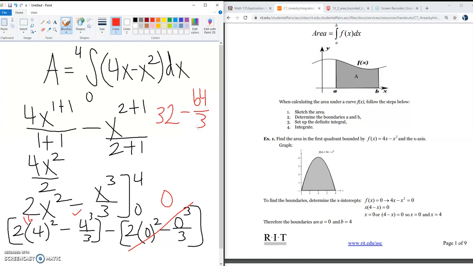And to make this easier to simplify, rewrite 32 as something over 3. Or we can rewrite that as 96 over 3 minus 64 over 3. So our final area under the curve is 32 over 3 square units.